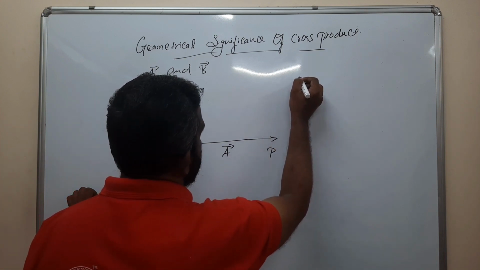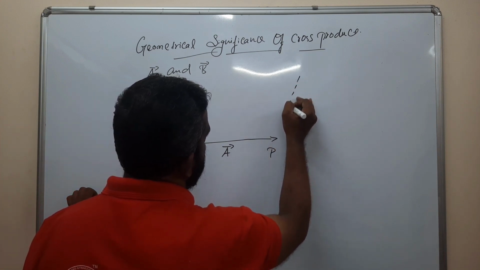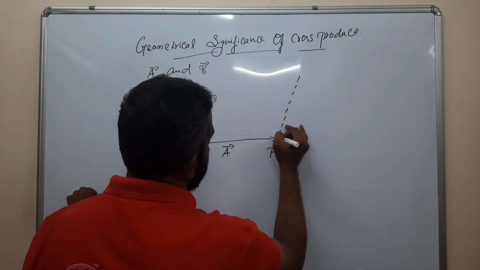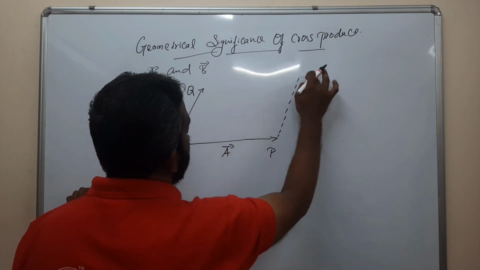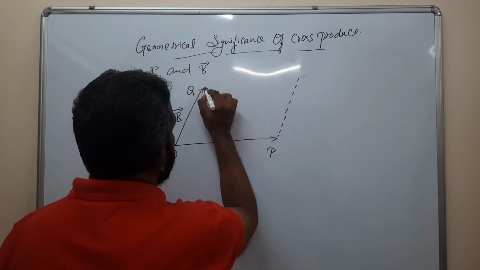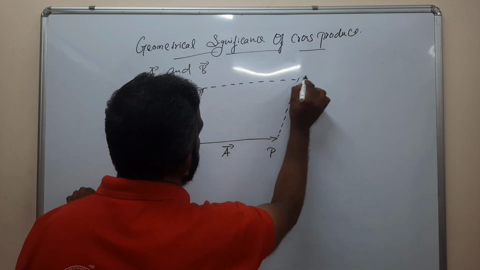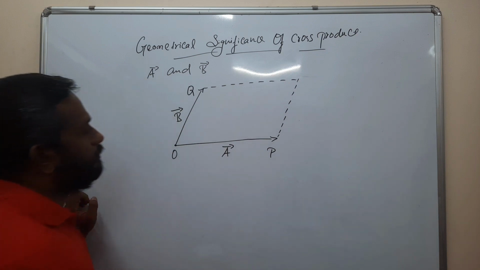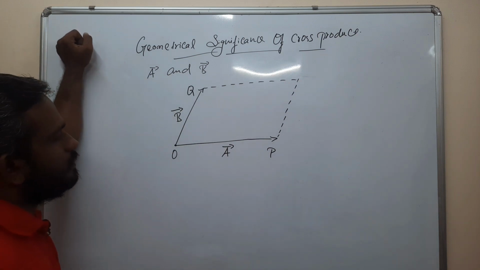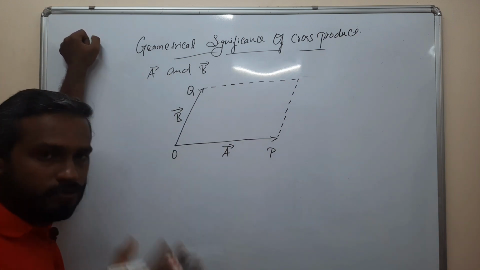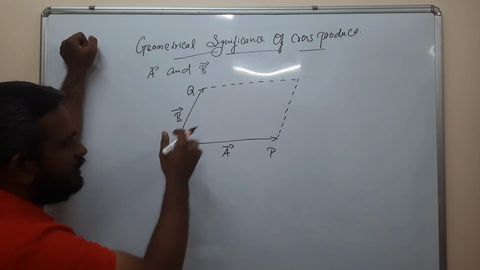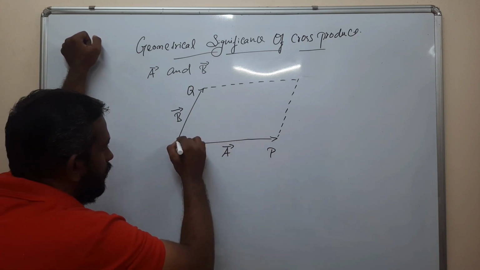So complete the parallelogram. A vector and B vector are the two adjacent sides of the parallelogram.